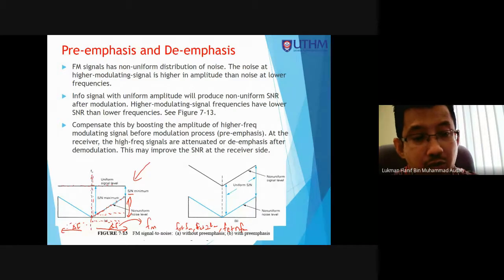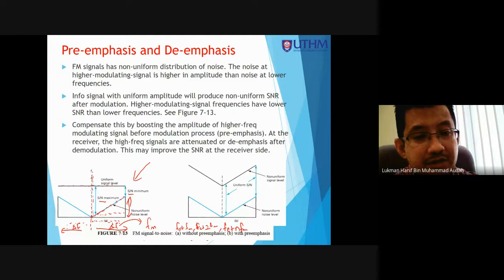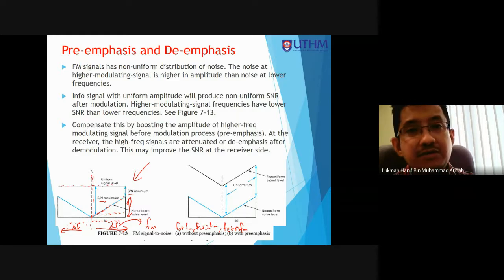So how to compensate this? Remember that ideally, secara idealnya kita inginkan nilai SNR sebesar yang mungkin. Lagi besar nilai SNR, lagi bagus. That means kalau SNR besar bermakna signal level itu jauh lebih besar berbanding dengan noise level.